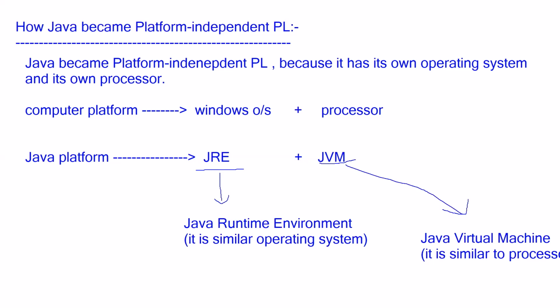So this is how Java has its own operating system and its own processor for running Java programs. It does not depend upon the operating system and the processor of the computer for executing the application. All right. Now let us see in a pictorial, diagrammatical way how Java became a platform independent programming language.